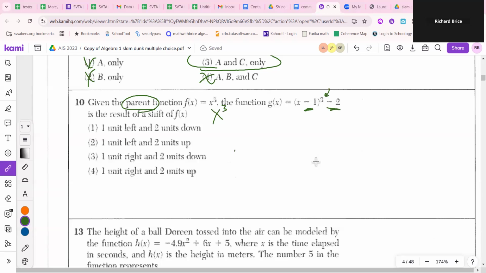Where does it shift? Well, please just go to y equals and graph x cubed, and then on y2 you do (x minus 1) cubed minus 2.